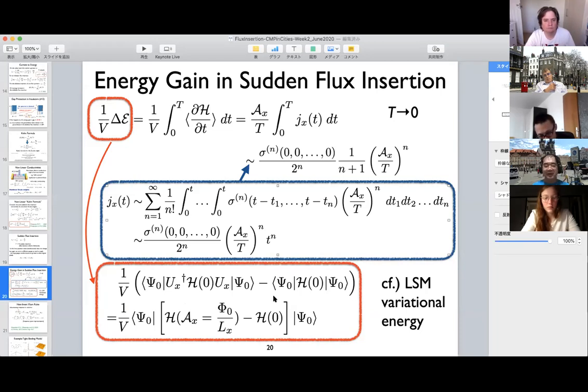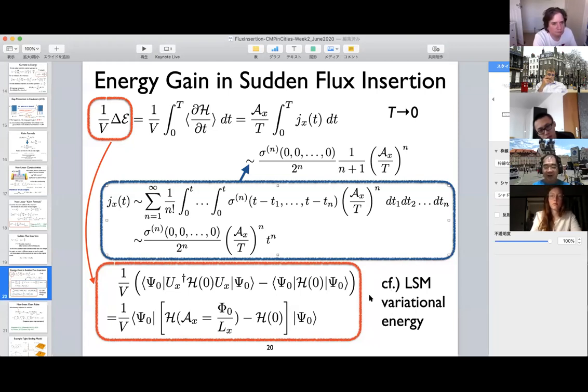So this is nothing but the expectation of Hamiltonian in the presence of flux by the original ground state. So we just pick up the difference from the original ground state, which is Hamiltonian in the presence of this flux minus original Hamiltonian. Then you take the expectation value with respect to the ground state. So if you are familiar with the original paper by Lieb, Schultz and Mattis, actually this is nothing but Lieb-Schultz-Mattis variational energy.